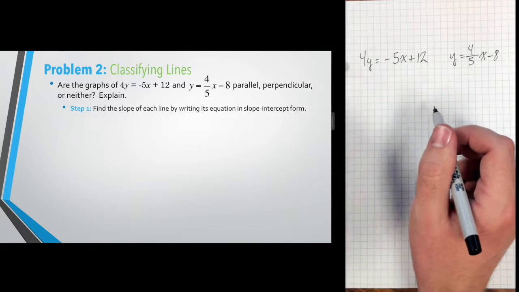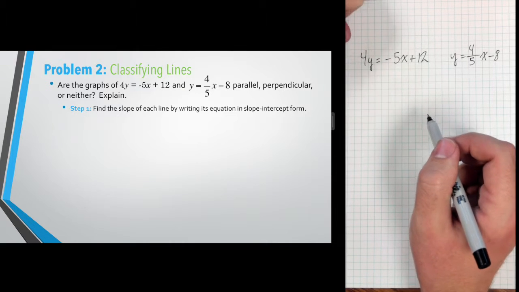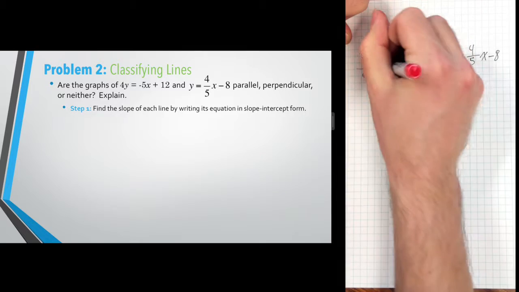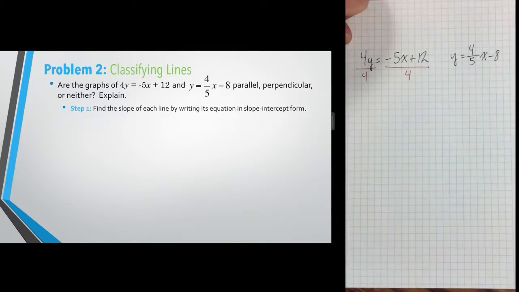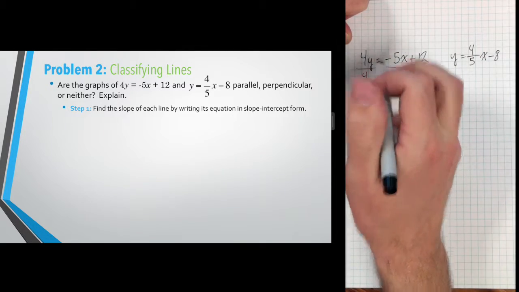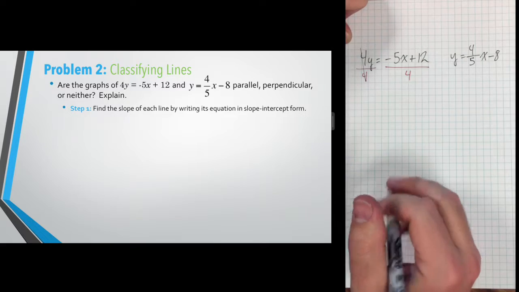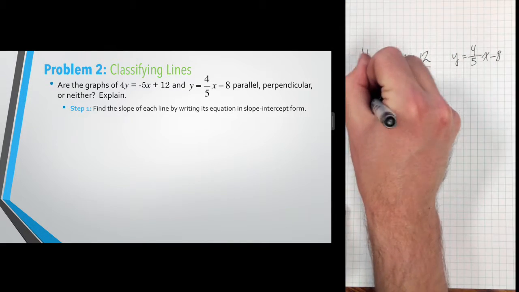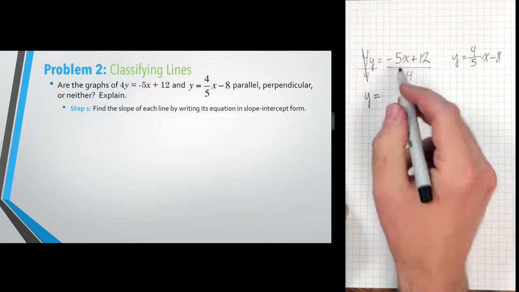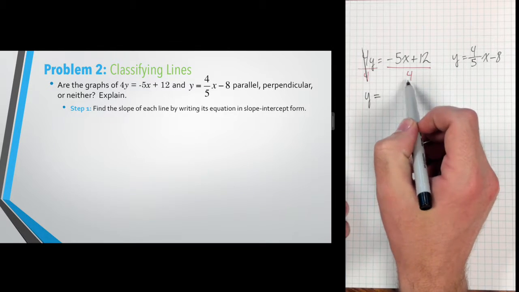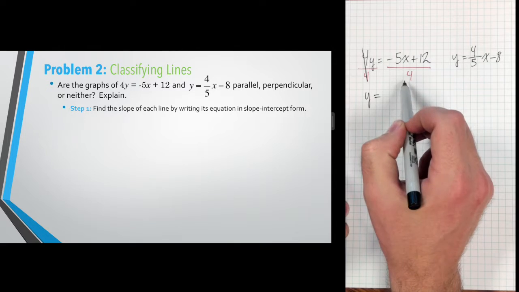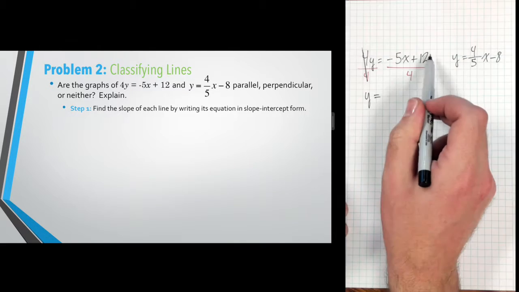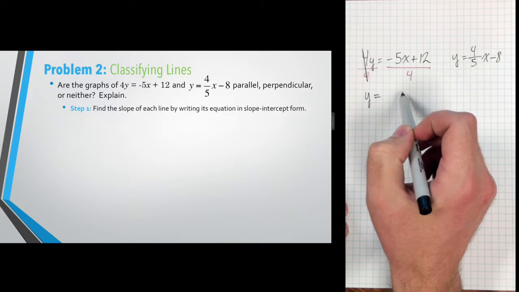So the way I'm going to do that is, to undo 4 times y, I can divide by 4. However, when I do that, my 4's cancel out, and I'm left with y equals, over here, you have to remember that when you divide this whole piece by 4, you're dividing -5x by 4 and 12 by 4 separately.